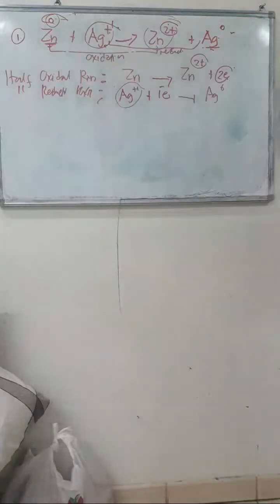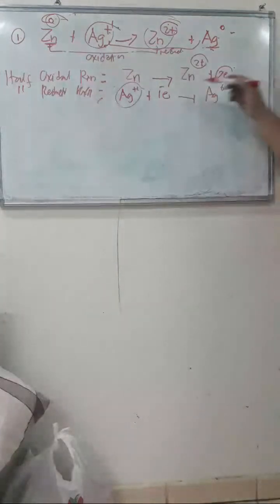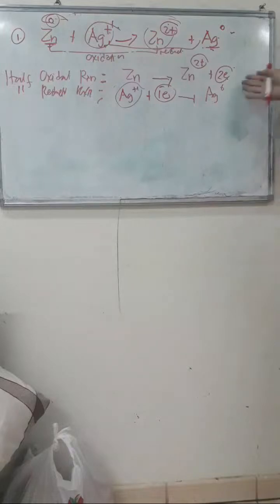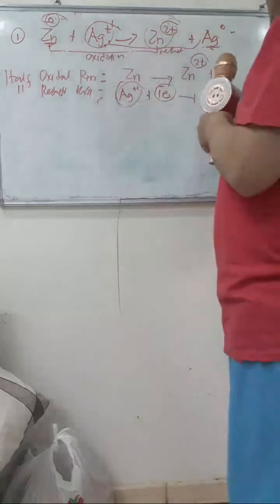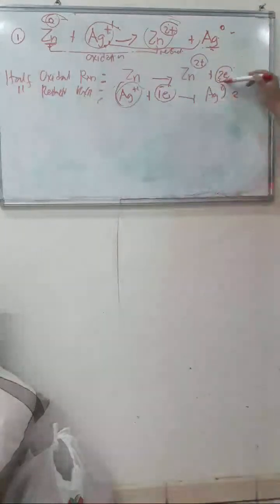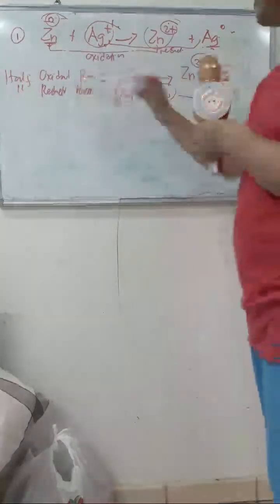Okay. Now, since the electrons are 1 and 2 electrons, what did I tell you a while ago? It should be lost during your net reactions. How can it be lost if the electrons are not equal? We cannot cancel. Right? So you need to multiply 1 with 2 so that it will become 2 electrons, as in the oxidation.